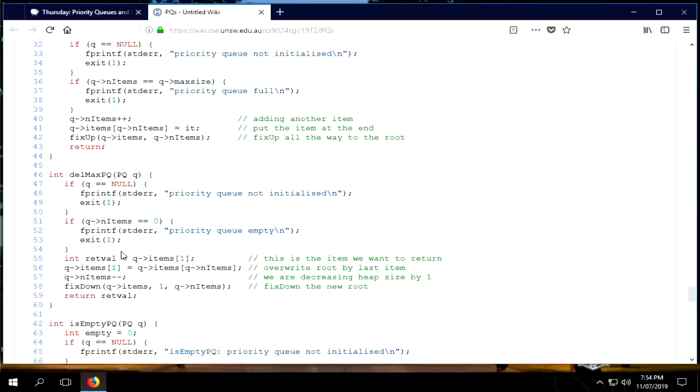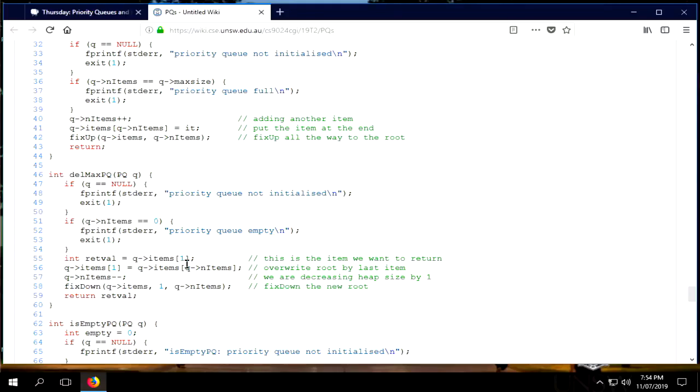Well, it's not quite that simple. I've got to do a fix down. Because I've taken the root out, I've got to then put the last item, the item at n items, the last one in the array, in the root, and I've got to heapify. I've got to fix down to fix it all up, and that's going to be log n.